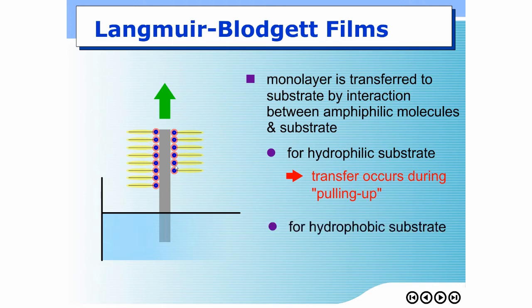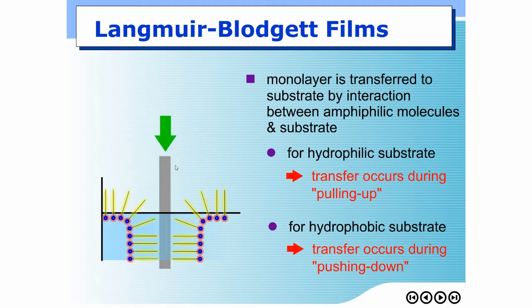On the other hand, if your substrate is hydrophobic, the film would be formed when you push down the substrate, like in this picture. In this picture the substrate is hydrophobic. The hydrophobic part would interact with the substrate to form the film during the pushing of the substrate down.